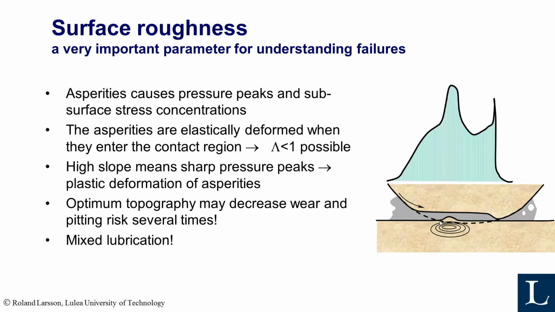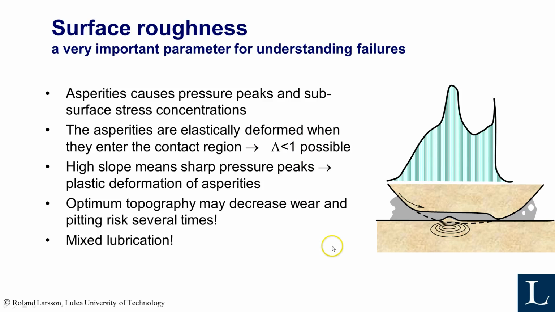But we can definitely say that there are good and bad roughness. It's maybe not good roughness, but it's less good and really bad roughness. And we can also see that sometimes the roughness is good in such a way that operating at lambda less than 1 is possible.